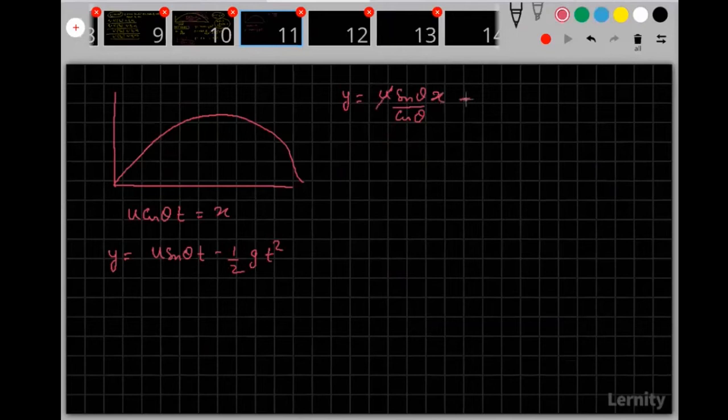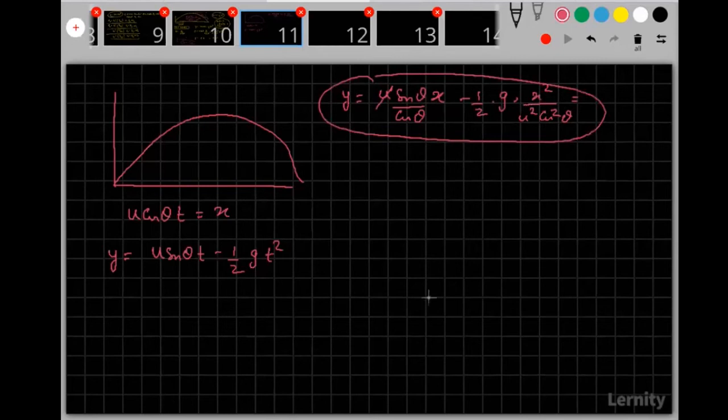So u gets cancelled, x minus half into g into t squared. t squared will become x squared by u squared cos squared theta. This is equal to y. So y is equal to tan theta x minus, g is 10 given, so 5 by u squared cos squared theta into x squared.